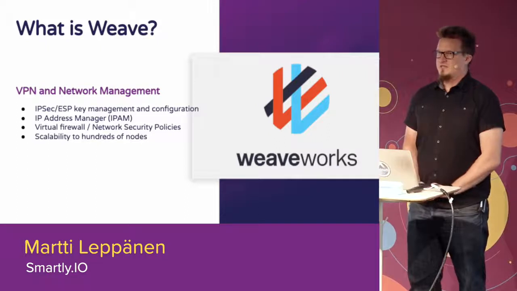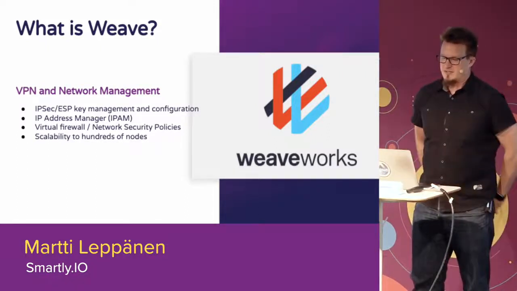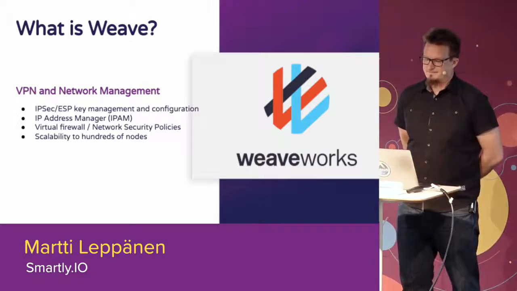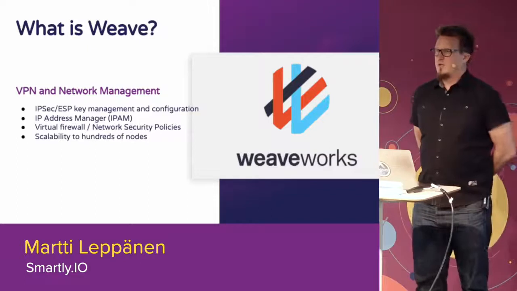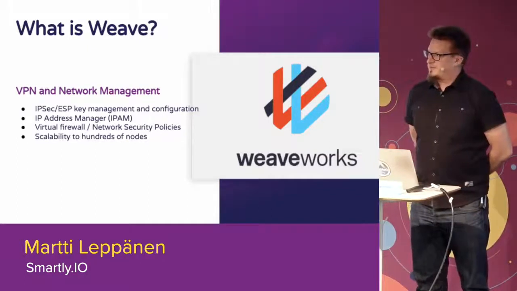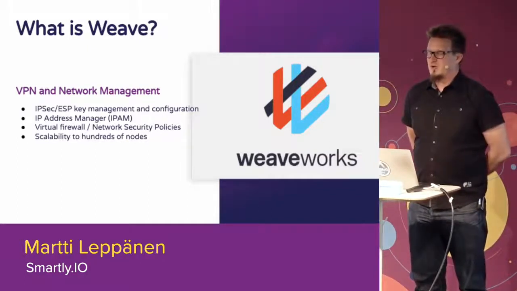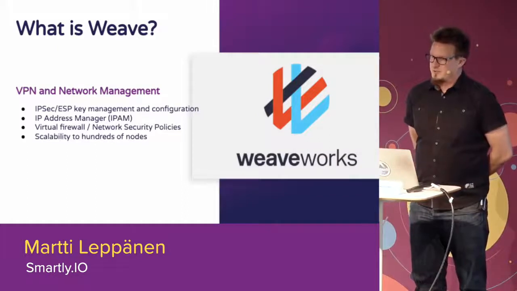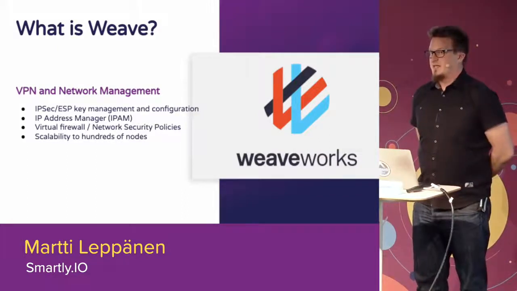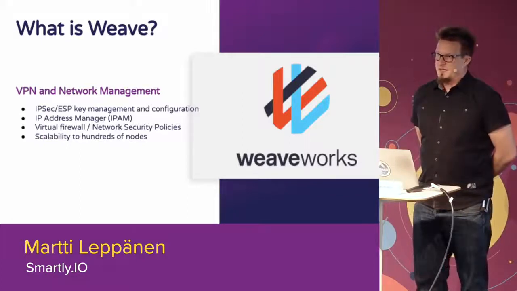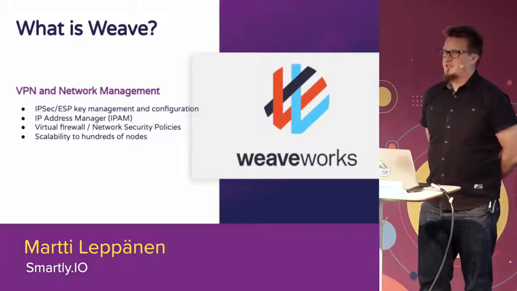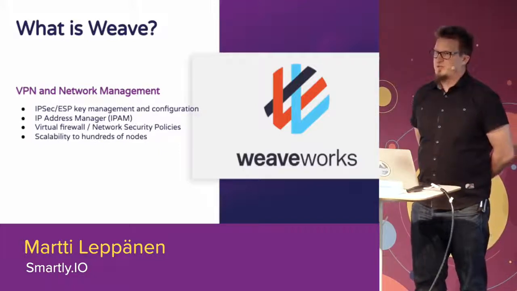Weave does this well because it's able to use the fast data path system, which is utilizing the kernel level data systems. And then, of course, in Kubernetes, Weave also does IP address management. It talks to the Kube API server and is able to know what the address pool Weave itself has and what Kube wants, and it distributes the addresses to different nodes by itself.